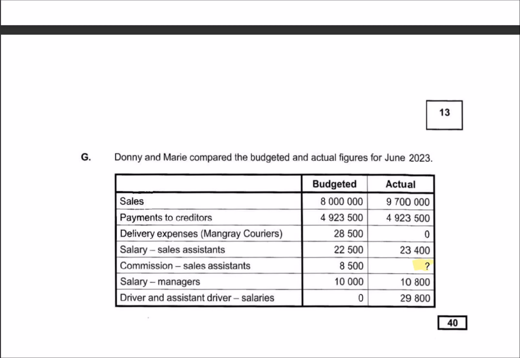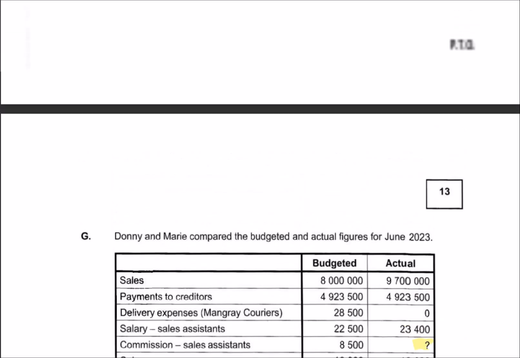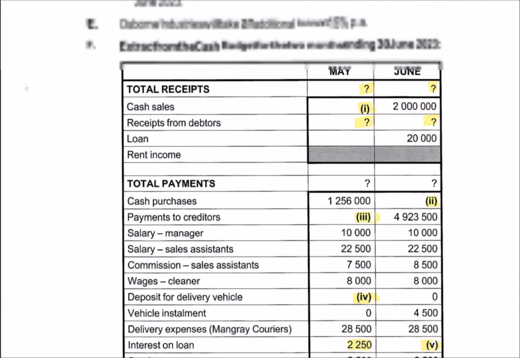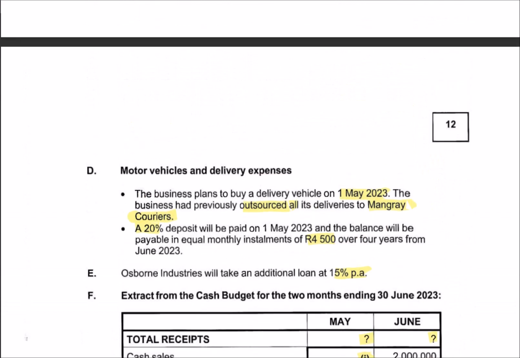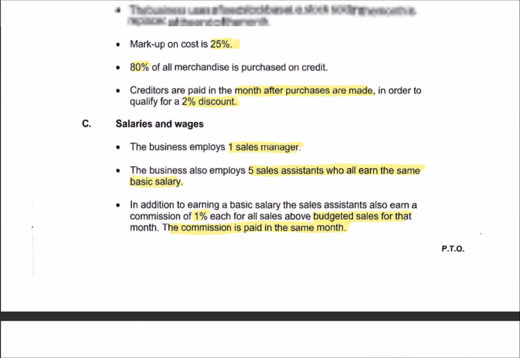Then salaries, managers 10,000, 10,800. Then driver and assistant driver, with nothing. Then the actual becomes 29,800. So let's now look at how to answer the first part.